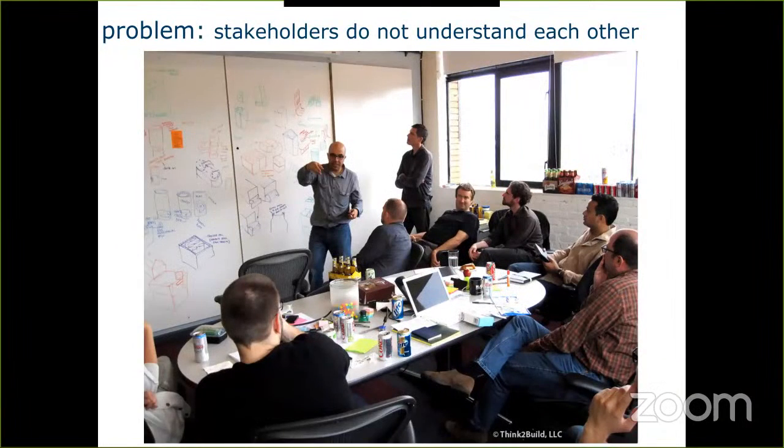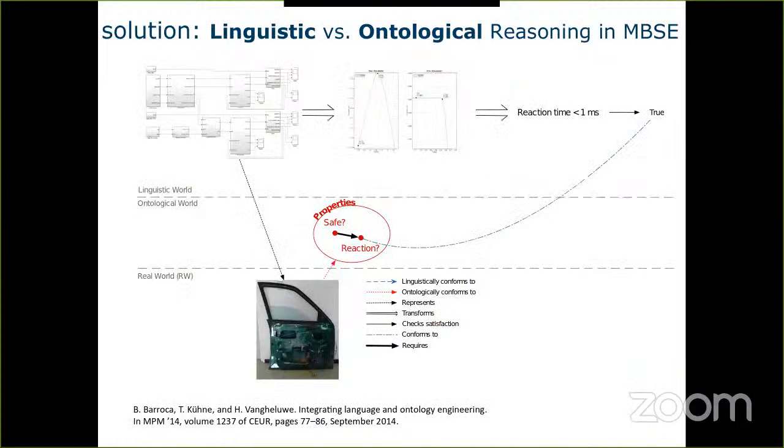Of course, we also want to work in teams, and maybe we want to have brainstorm sessions, but for that we have to understand each other, and for that we may have to use our simulations. That's the top part here, but we may also have to build ontologies to come up with a common understanding, a common set of terms, so that at least among a certain group of people, there is a consensus about what they mean.